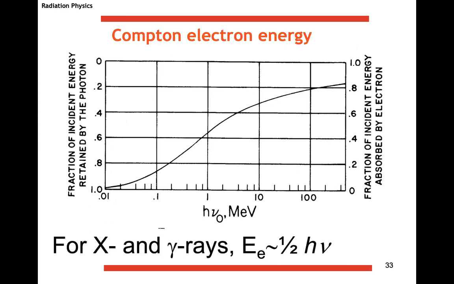This is the fraction of incident energy retained by the photon on the left, and on the right is the fraction of incident energy absorbed by the electron. So you see, when the photon has a very low energy, of course, essentially all the energy is retained by the photon. When you go to very high energy, over 100 MeV, then you can have a large fraction of incident energy absorbed by the electron.